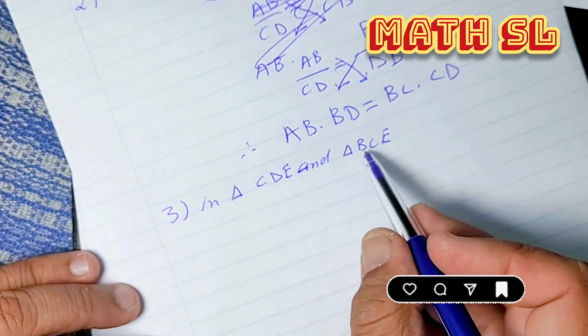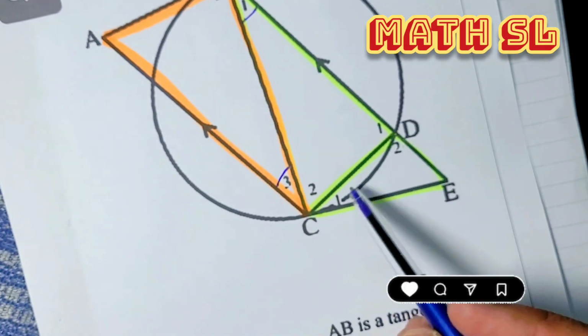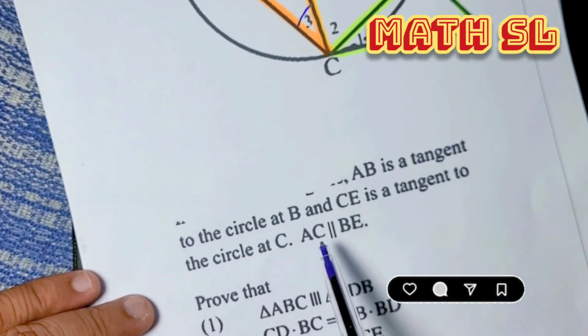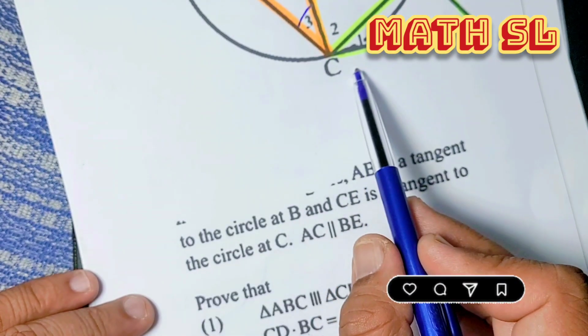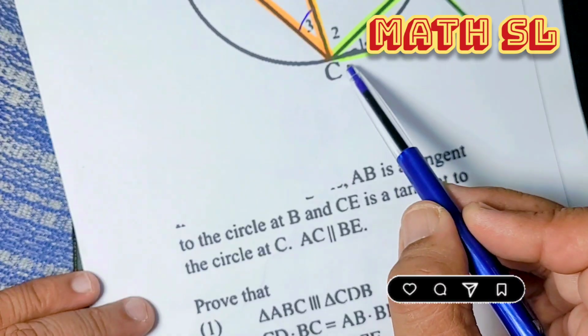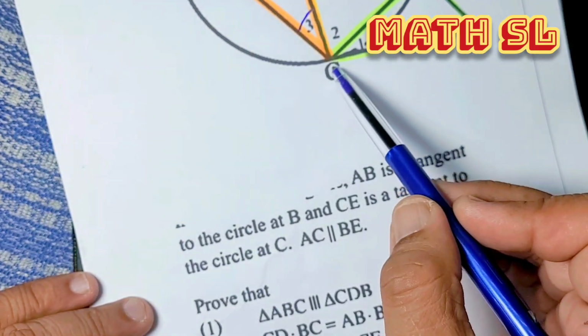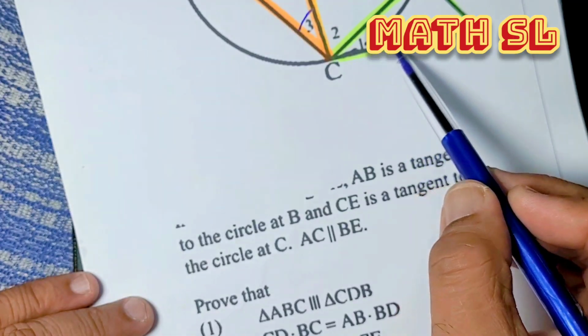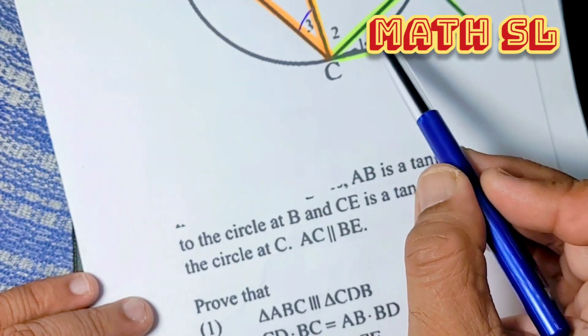So C goes with B. Have a look, this is angle C with angle B. Remember, CE is a tangent. C is a tangent, and this is a chord. The angle between tangent and chord. This is a chord, this is the tangent, and this is the angle between tangent and chord.